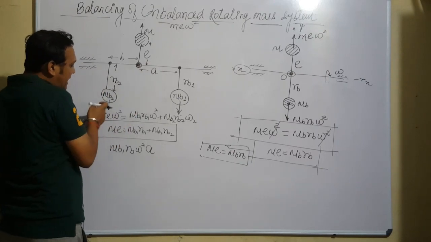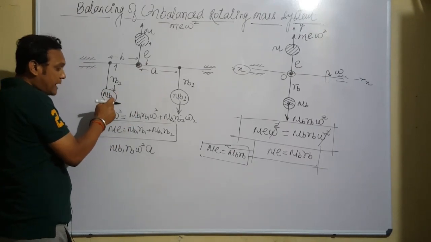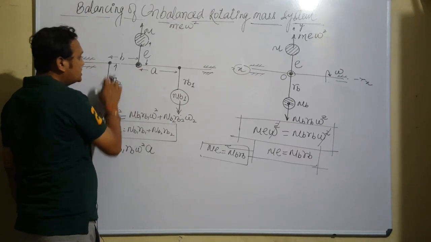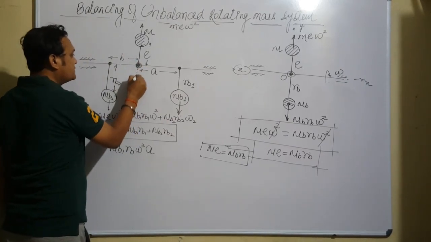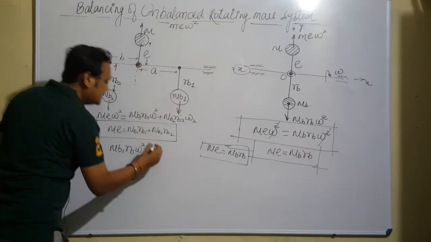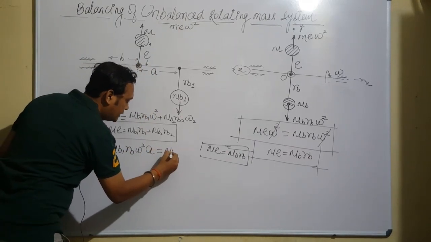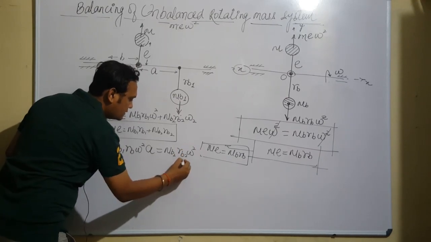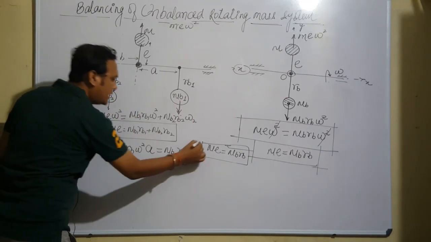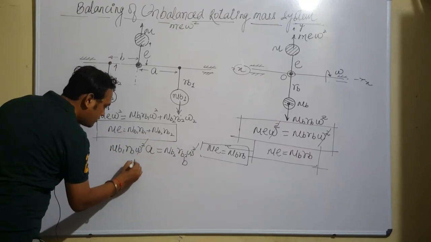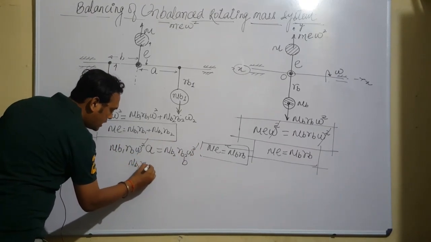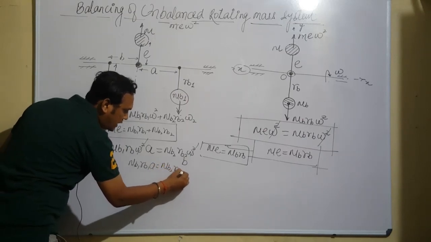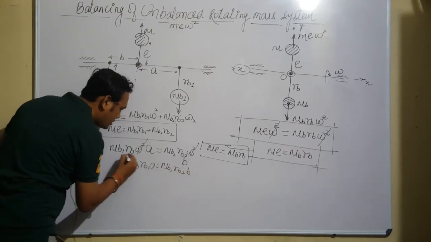This should be nullified by the centrifugal force of the MB2 mass, MB2 RB2 omega square, multiplied with the perpendicular distance b in the anti-clockwise sense. So it will be MB2 RB2 omega square into b. Omega square will cancel out. MB1 RB1 into a equals MB2 RB2 into b.